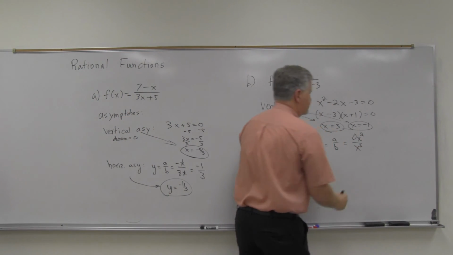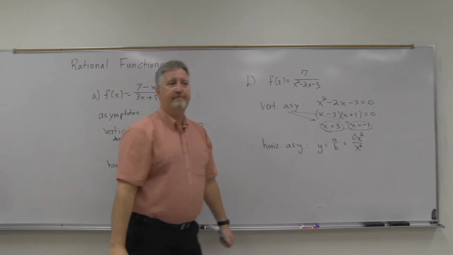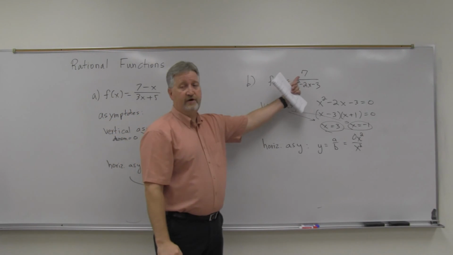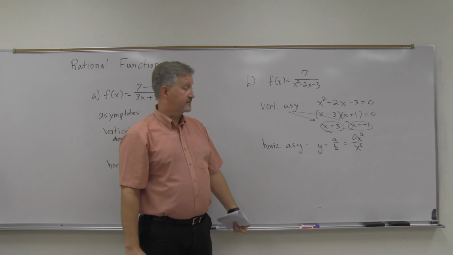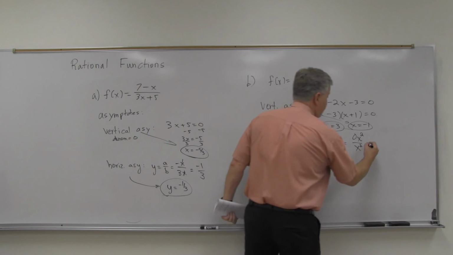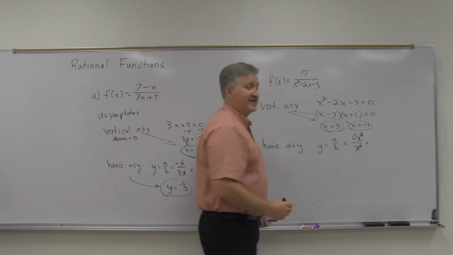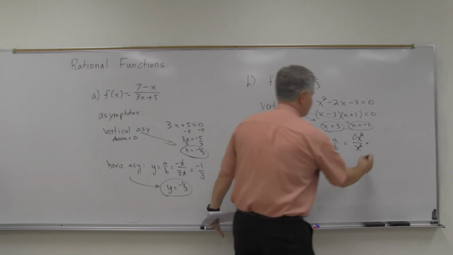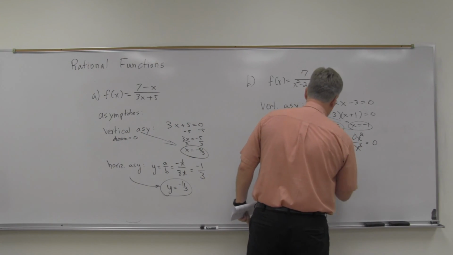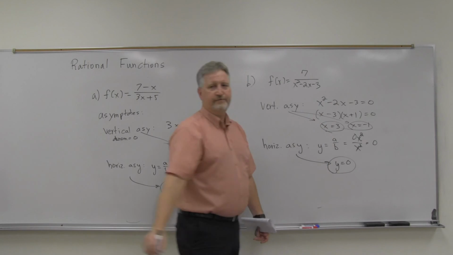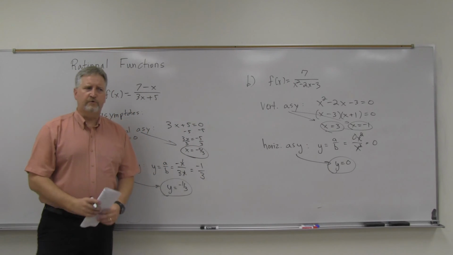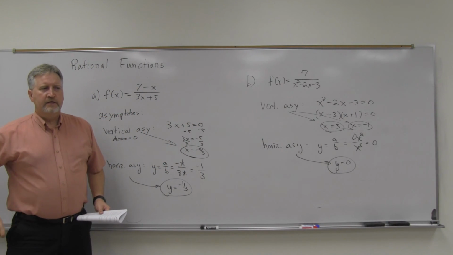To make these match, the top is 0x squared because it doesn't have an x squared. Well, yeah, your x squareds cancel. What does that leave you? 0. y equals 0. So the horizontal asymptote, in that case, you're going to get a y equals 0 horizontal asymptote. We'll do some more next time.